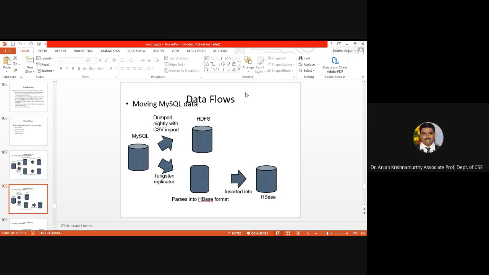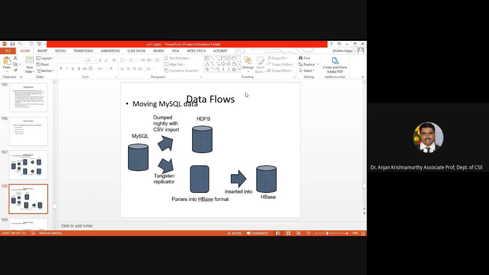When you dump a file into HDFS, it has a behavior similar to flat file based characteristics, right? Way back before databases even came into the system, we used to call these flat file based systems. The other way of looking at it is to use a MySQL replicator, popularly called the Tungsten replicator.